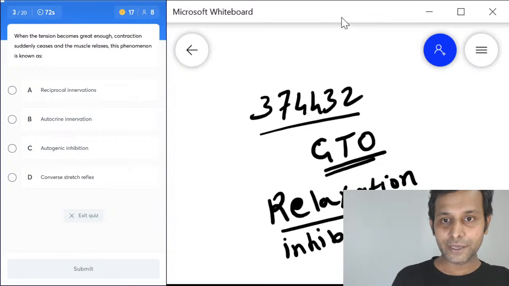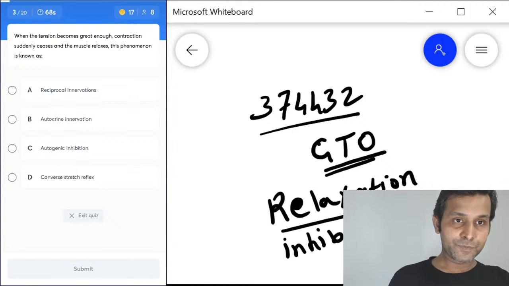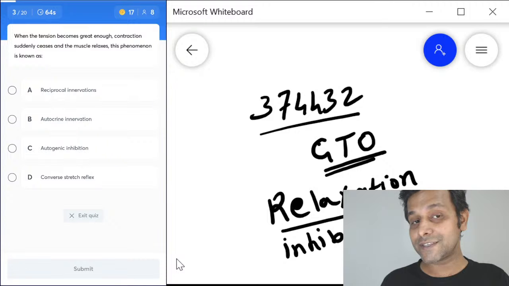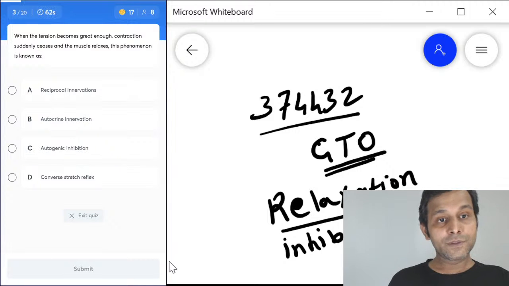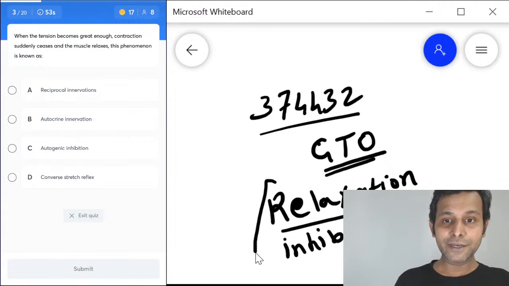The next question is, when the tension becomes great enough, contraction suddenly ceases and the muscle relaxes. This phenomenon is known as, I have just given you the hint.